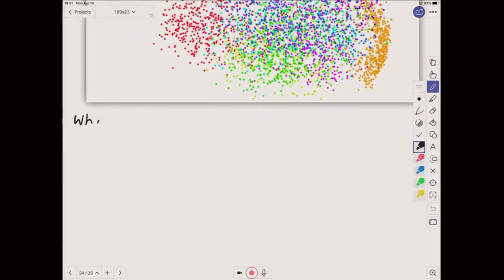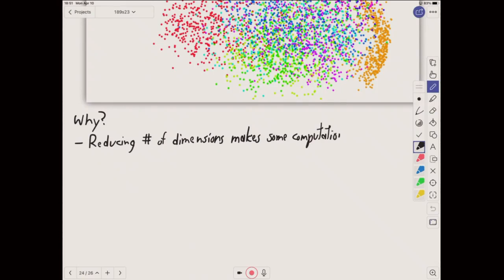So the next thing I want to address is, why do we want to do this? What will this give us? There are a number of reasons why this could be useful. One is sometimes it's just a good idea to reduce the number of dimensions before you do some other computation like regression, because doing computations on lower dimensional points is just plain faster.